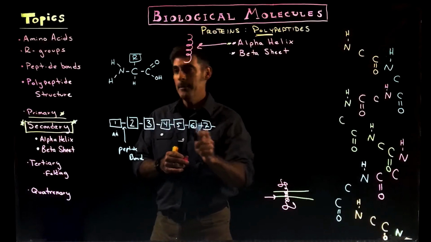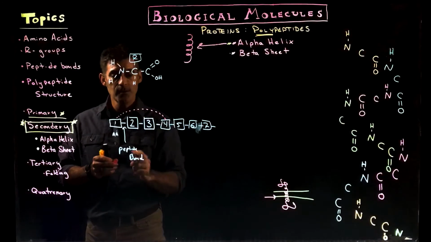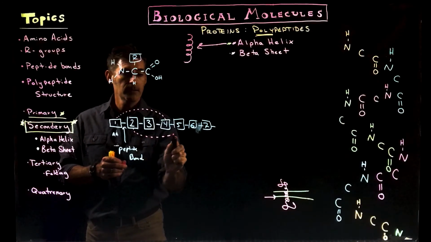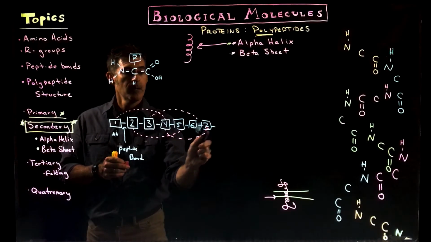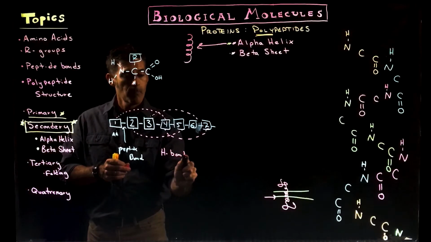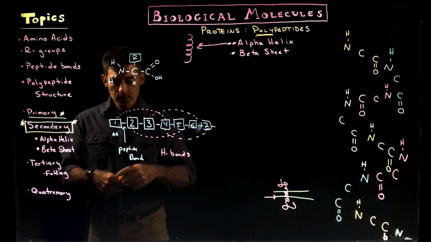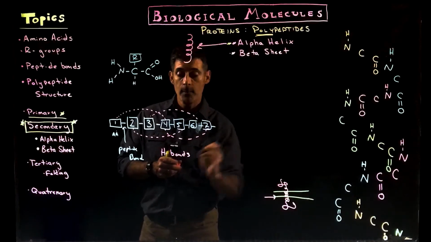Well, the amino acids are going to start to interact with each other and form bonds, specifically hydrogen bonds. And these are going to be hydrogen bonds between the amino and carboxyl groups.